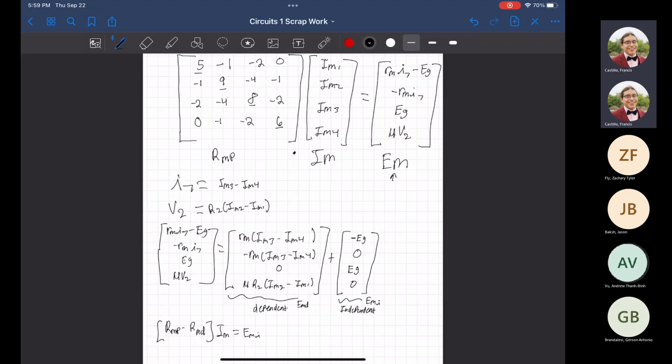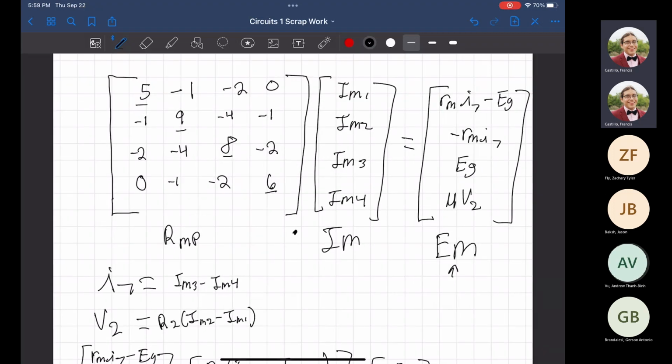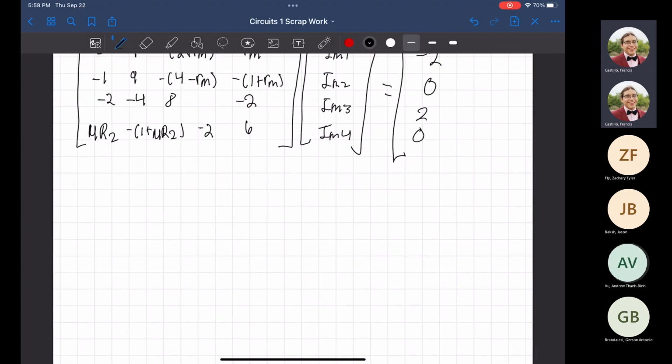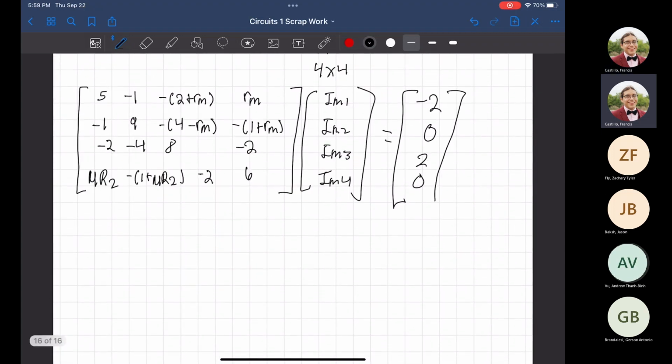Now the map here, so this is what I'm looking at right now. Negative 2 will be right here. There's no independent source, so this element will be 0. For this element right here, it would be 2 and 0. So that is going to be our EMI vector. There it is right there.